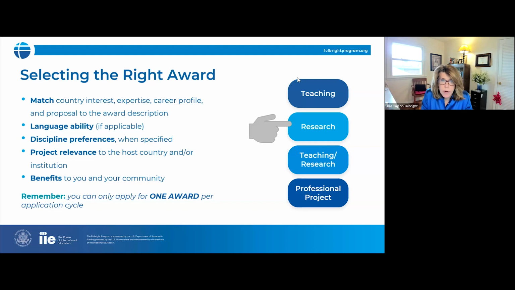If you have a research project, you're going to have to explain how, if you don't have the language, you can still do that project, because people who are reviewing are looking at the viability of the project. And it is good to emphasize here that you can only apply for one award per application cycle.